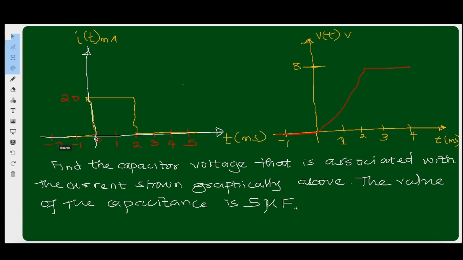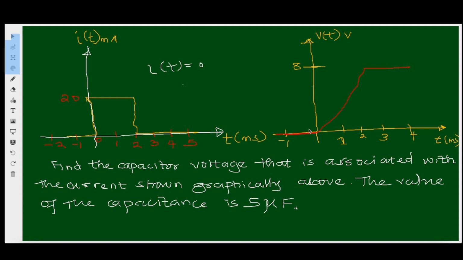V of t is what we are looking for. V of t naught will be where it started. Because it tends to infinity, we don't know where it started, so we just say v of minus infinity. Sorry, this is the current graph. So we are looking at I of t, which will be equal to 0 in that case.